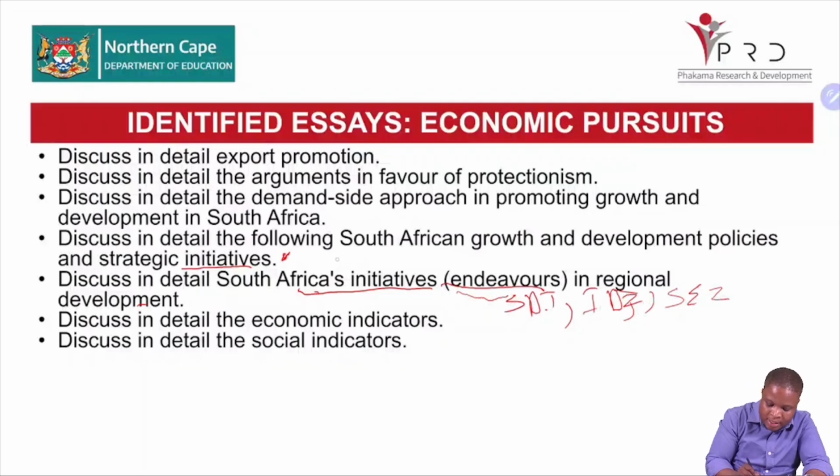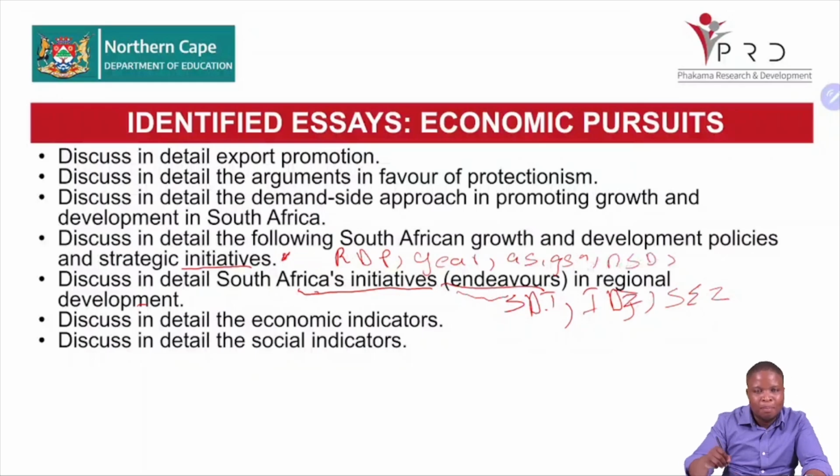Here we are discussing the RDP, GIA, GEAR, and then NSDS, NDP, those policies that we have from the one of 1994 until the NDP, that is the goal of 2030.